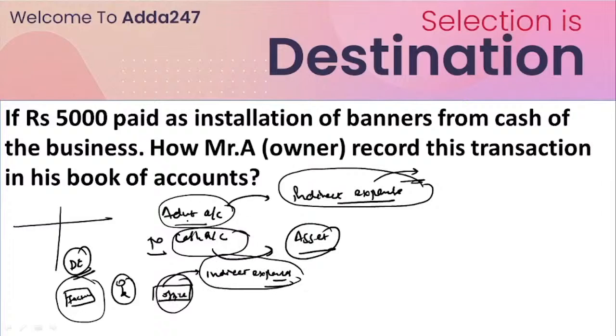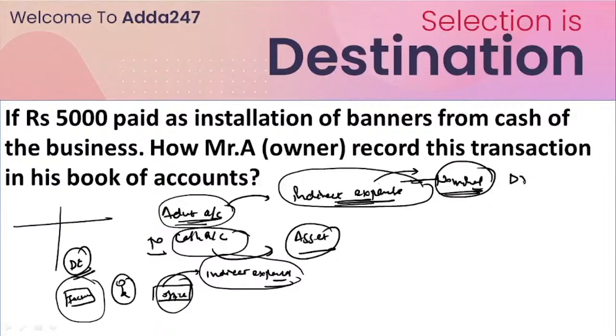So the advertisement account is a kind of indirect expense, and expense comes into your nominal account category, because in the nominal account, whatever the expenses, losses, gains, income, we keep under the nominal account category. For the nominal account category, the golden rule of accounting says debit all the expenses.